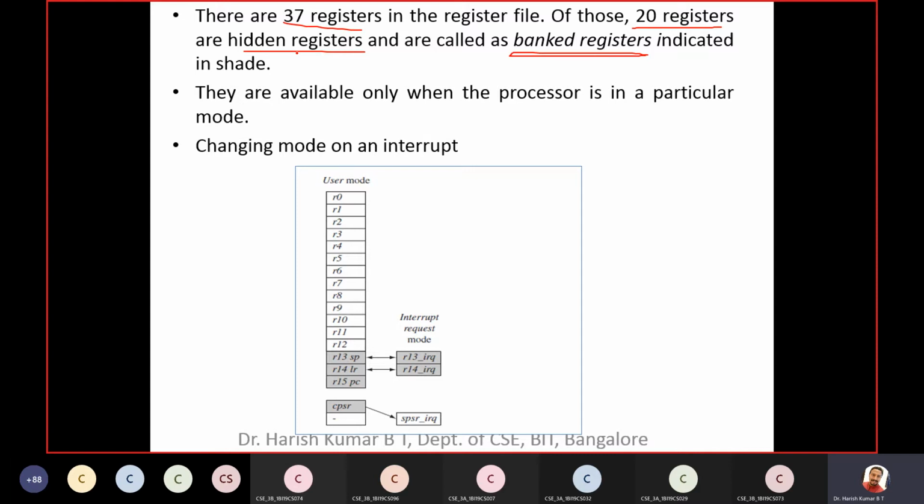Apart from this, none of the other registers were visible to you. Those are the banked registers, which will be used by the microcontroller when the situation demands that it enter various other modes. Hope people understood? Yes, sir. They are available only when the processor is in a particular mode, and they're not visible to us.